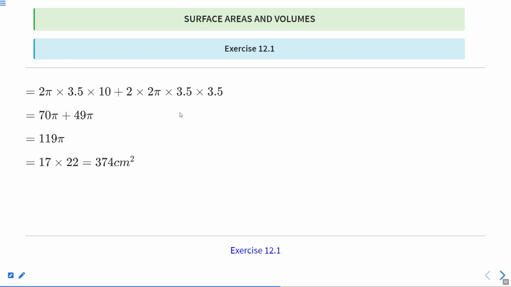Now if we put the values, then we get 2 pi into 3.5 into 10 plus 2 times 2 pi into 3.5 into 3.5, and this is equal to 70 pi plus 49 pi, and this is equal to 119 pi. And if we now put the value of pi as 22 by 7, then this is equal to 17 into 22, that is equal to 374 cm square.